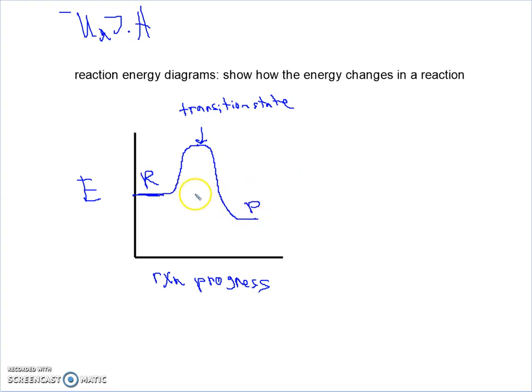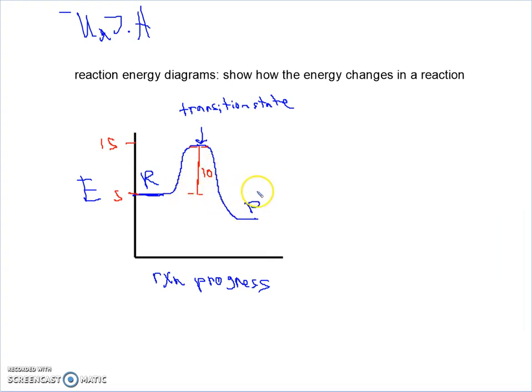All right. The activation energy is how much energy it takes to get to the transition state from where you start. So it would be this distance right here, basically. So like if you started at 5 kilojoules and the transition state was at 15, then this would be 10, just for example.